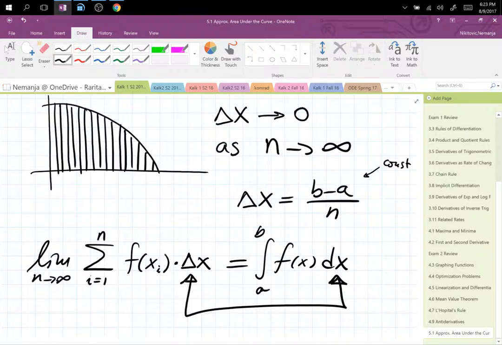If you are not writing that dx there, from a theoretical point of view you are not doing anything, because you have a function which is the height, but you are not multiplying that by the width. So that's the reason why the delta x must be there. It must be there because dx is the width of every one of these rectangles.